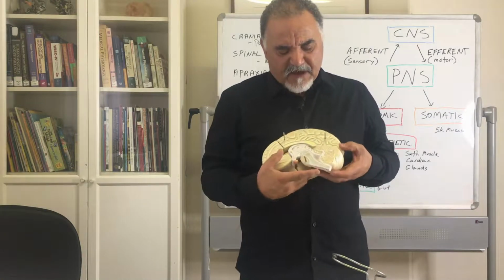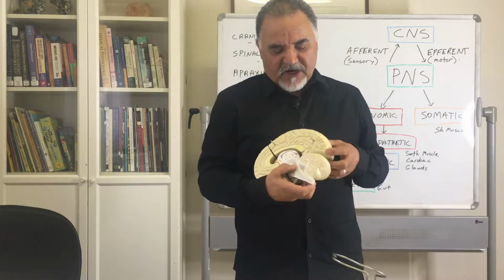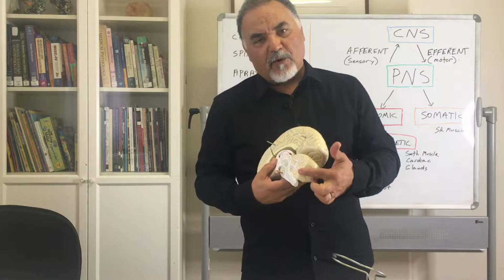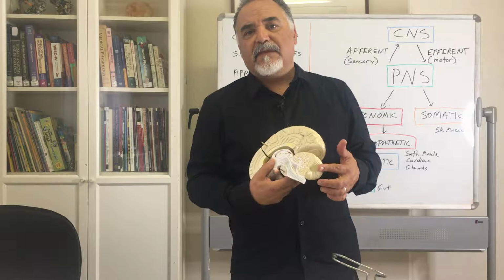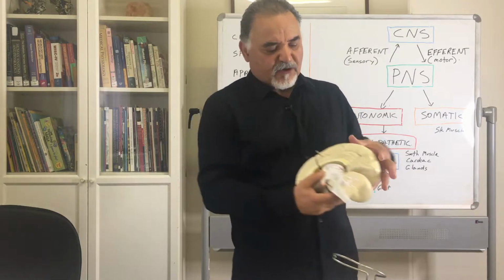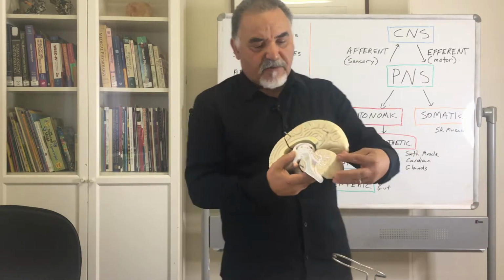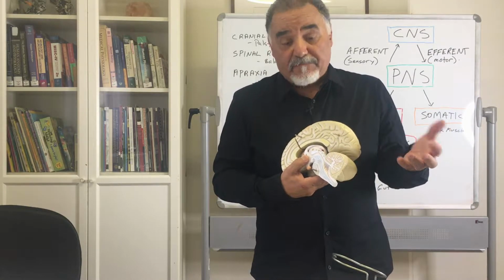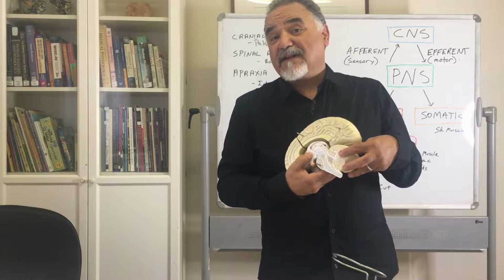Sitting behind and on top of the brain, behind the brainstem really, is this little structure here, and this little structure here we call the cerebellum. Now, cerebellum, as opposed to the cerebrum, is translated to little brain. So this really means a little brain.